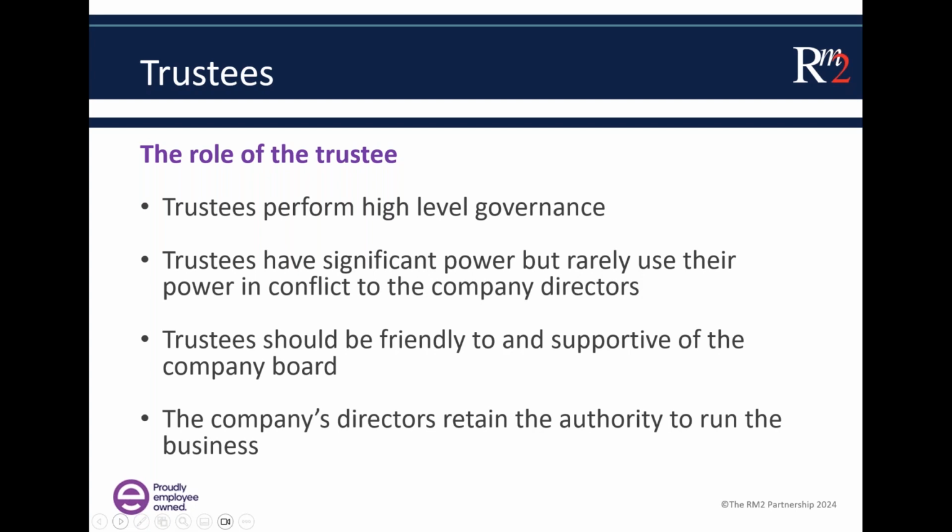They have confirmed the authority of running the business stays with the directors. It means that trustees' role should be friendly and supportive to the company board. Owners who are selling their businesses to a trust should not fear that they are going to have to take instructions from trustees who don't understand the business as well as them. That simply doesn't happen.